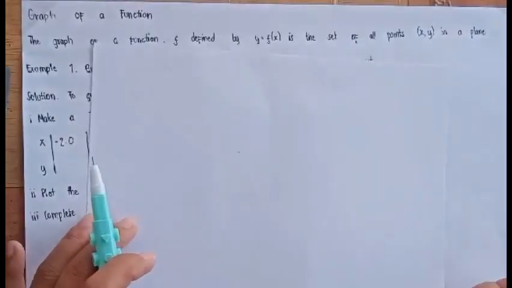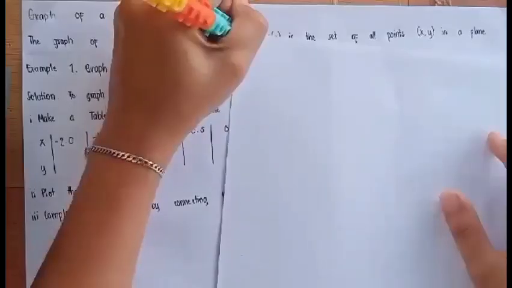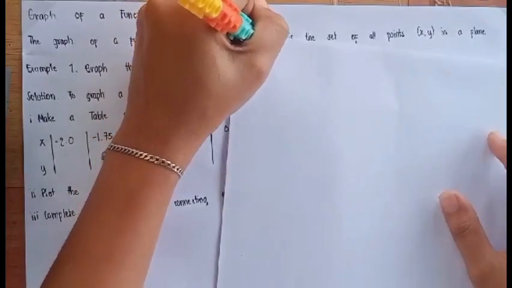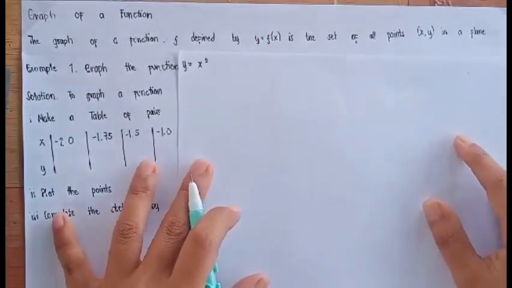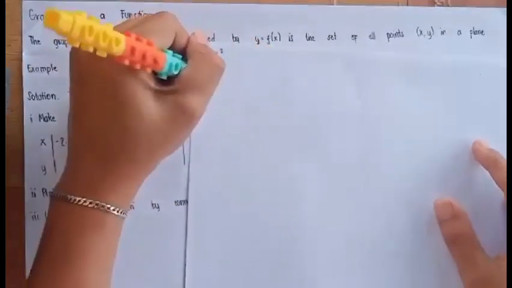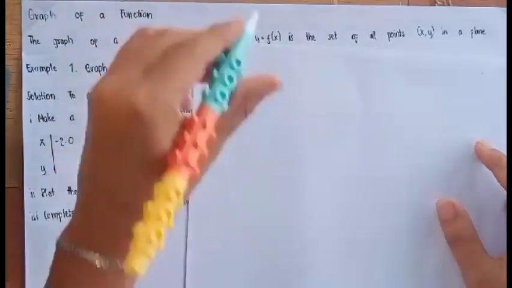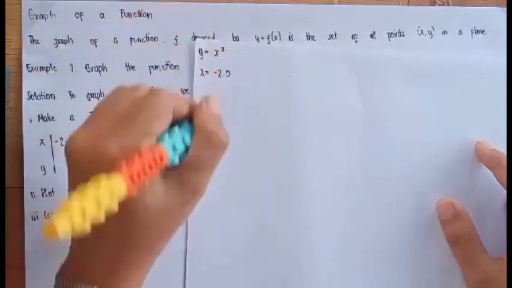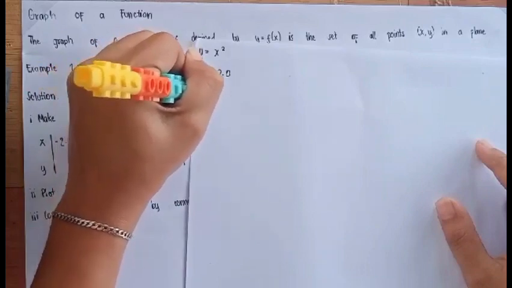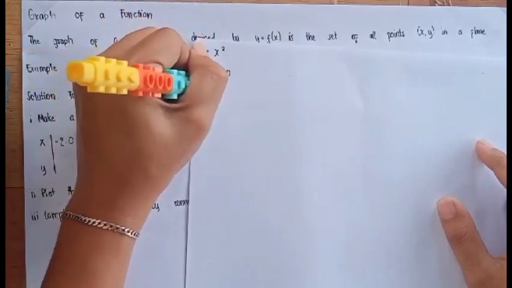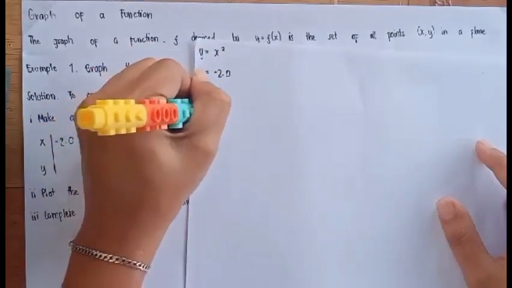Now our problem is y equals x squared, right? So I'm gonna write it here. Since we already have the values of x, we will just substitute it to the given problem. So let's start with negative 2. So the value of our x now is negative 2.0. So y is equal to x squared.